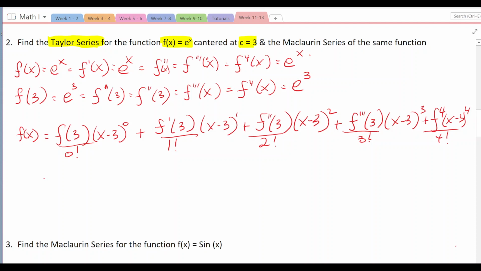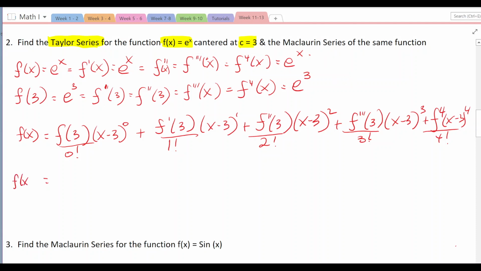So we can start substituting. We know the value of the function at x equals 3 is given by e to the x, so e to the 3 here.